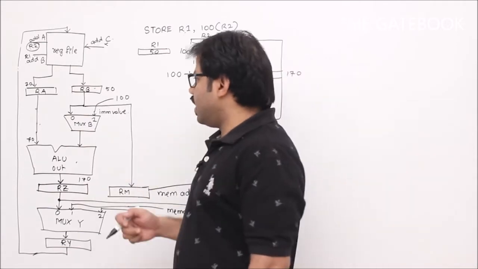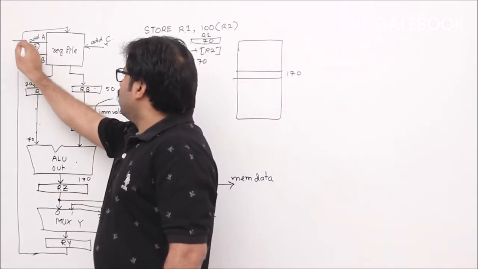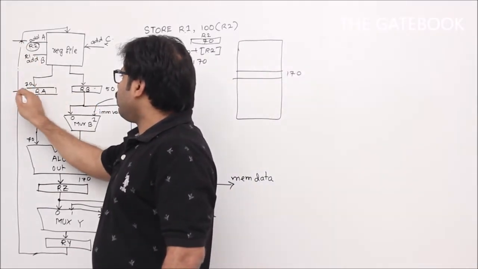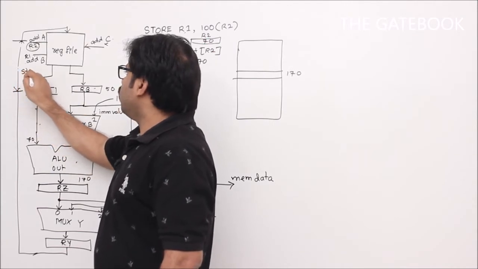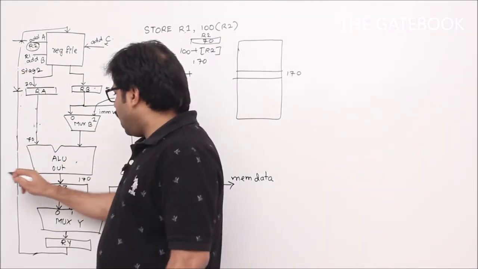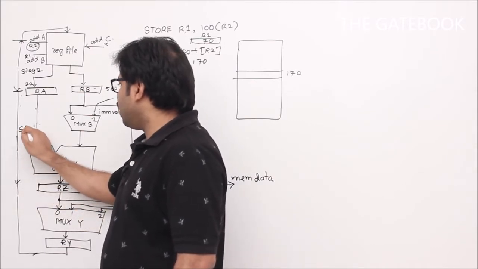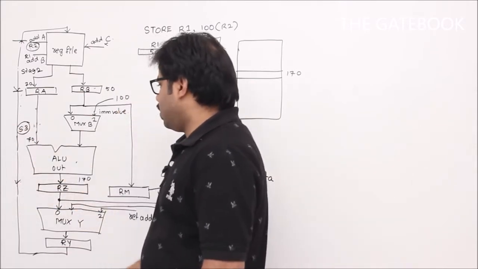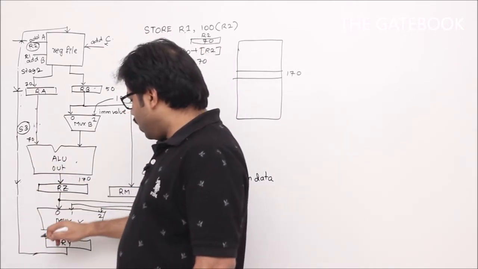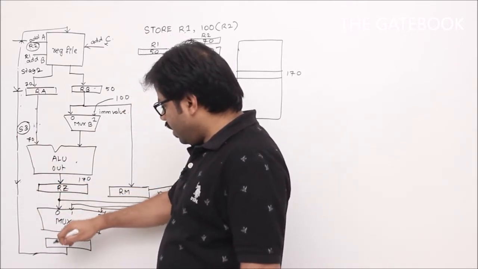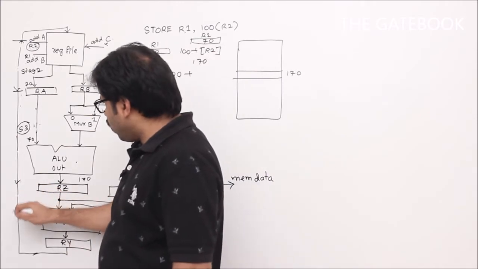Let us recall the stages. This is stage number 2. See, up to arithmetic, this is stage number 3, correct? So we can mark it as stage number 3. Then after arithmetic we will be doing this selection of data, right? So that will be in stage number 4, correct?